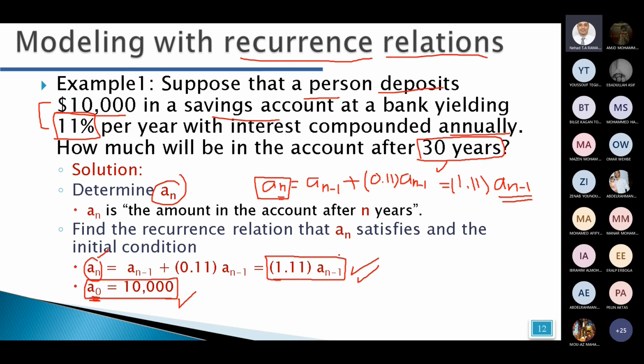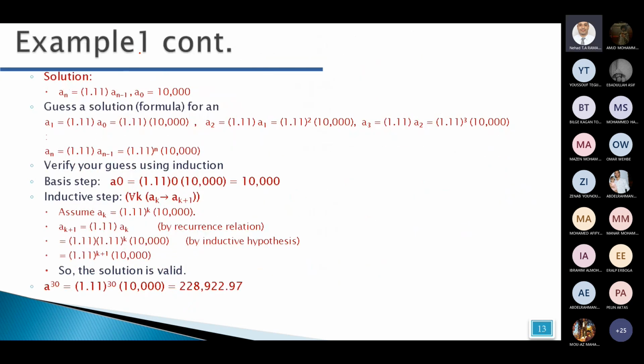To find it, get first a few terms, A1, A2, A3, and find the pattern. Each term, for example A1, is 1.11 multiplied by the previous year.